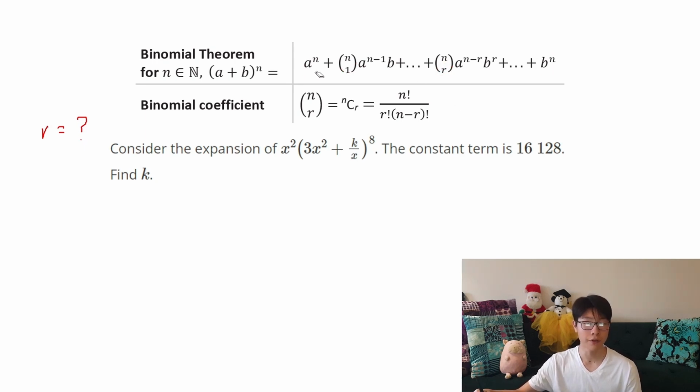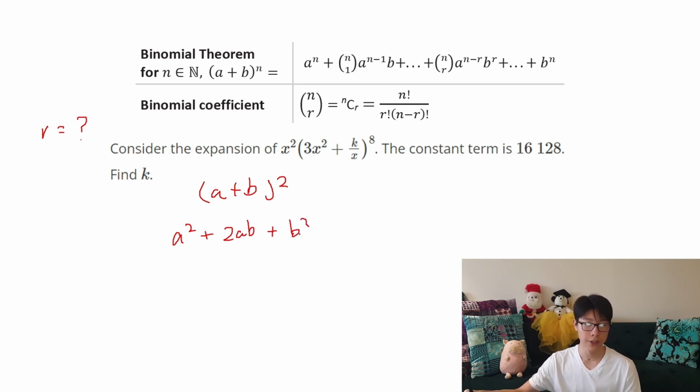So for what number of r, or which r term, will allow us to get a constant term? Because if we expand a binomial, let's say we expand a quadratic, we have r equals 0 being this, we have r equals 1, and we have r equals 2.